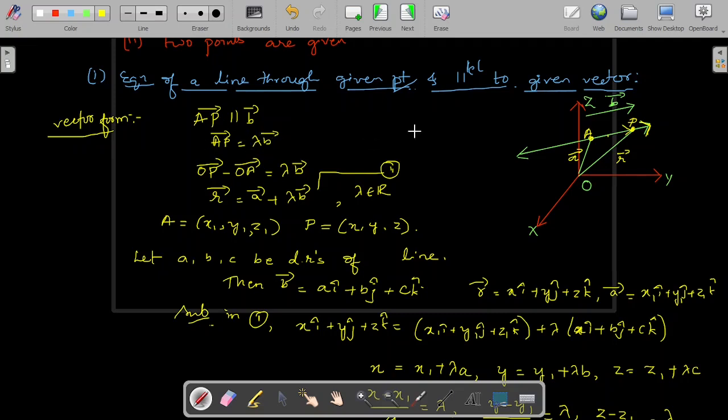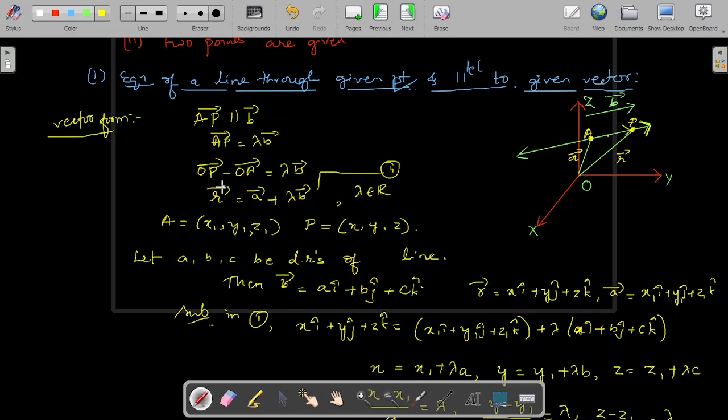Now AP vector can also be written as the position vector of the second point minus the position vector of the first point. That is OP vector minus OA vector equal to lambda into b vector. So OP is r vector, OA is a vector. When you bring it to the other side, r vector equals a vector plus lambda b vector, where lambda is any scalar.